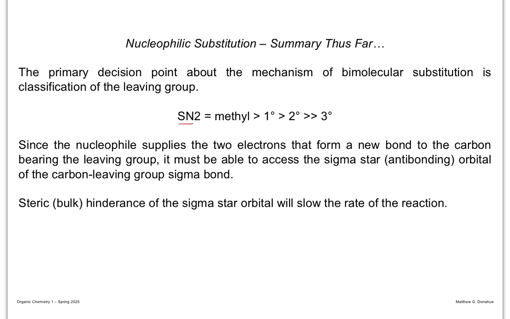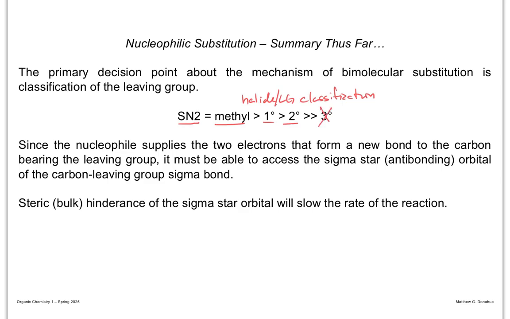So for SN2, we're really looking at halide or leaving group classification. So methyl reacts greater than primary, reacts greater than secondary, and tertiaries do not react.